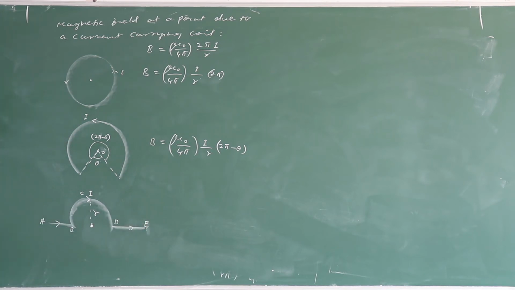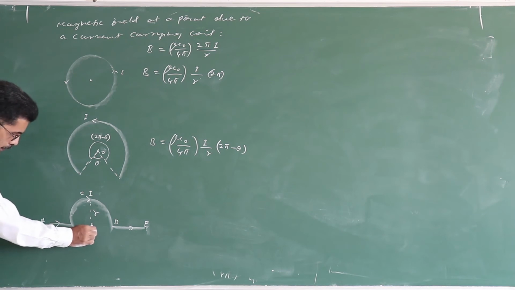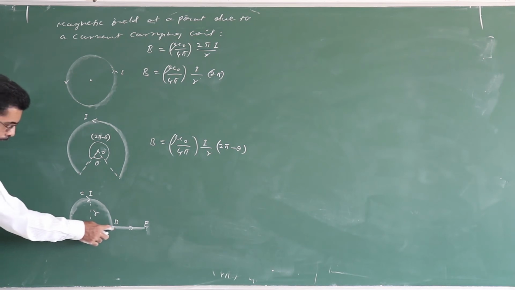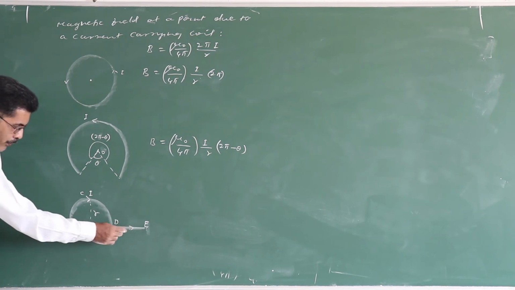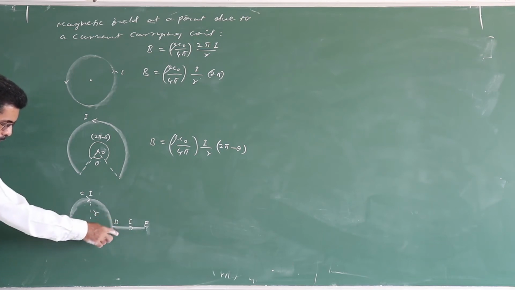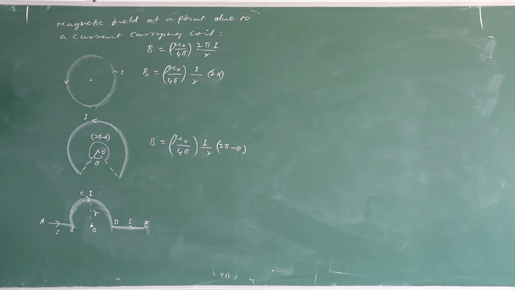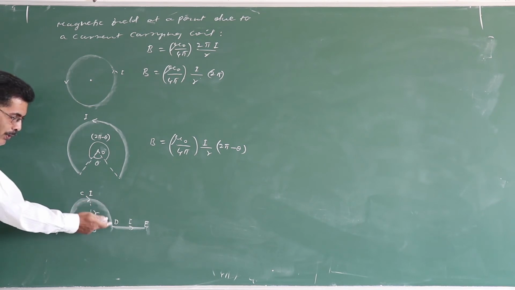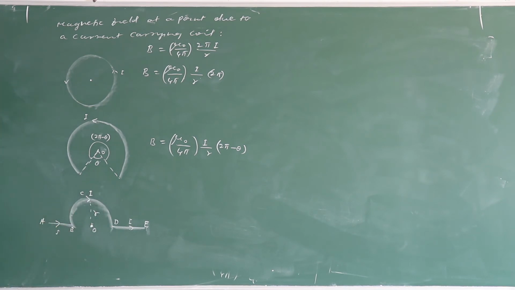When you take this, point O is along the axis of AB and DE. Therefore, due to current flowing in the segments AB and DE, the magnetic field at O is 0 because O lies along the axis of these two segments. Therefore, you must consider only the current flowing through the semicircular path.